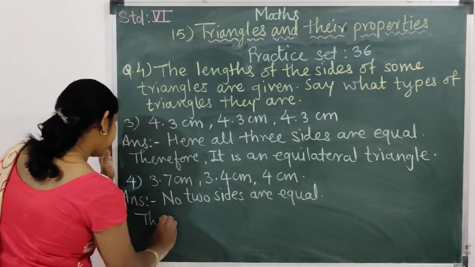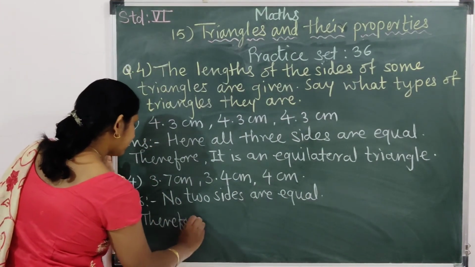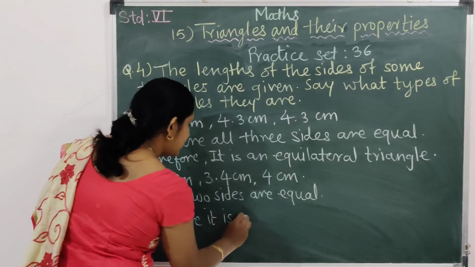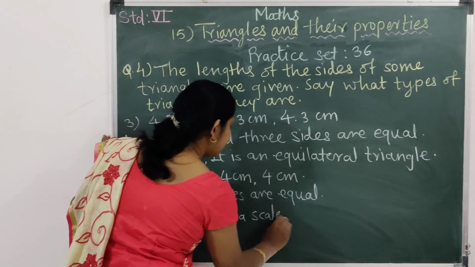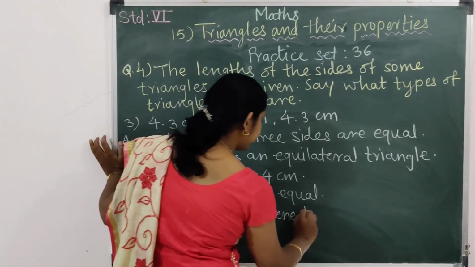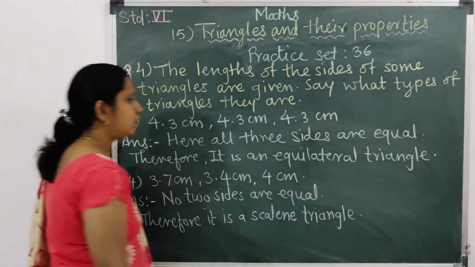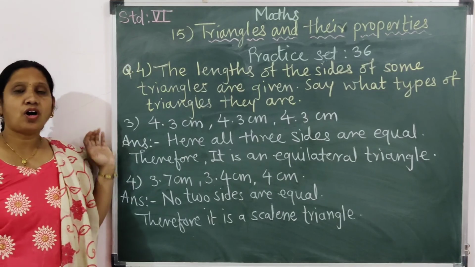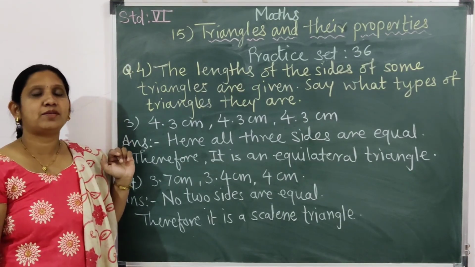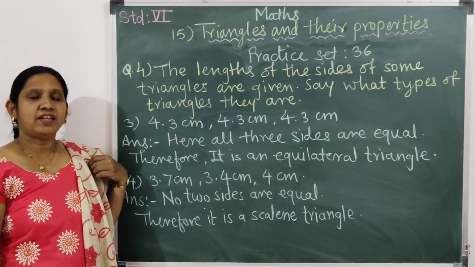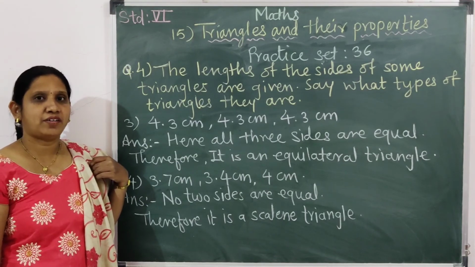Therefore, it is a scalene triangle. Okay, so you all must have understood this question 4 properly. Now we'll solve question number 5.